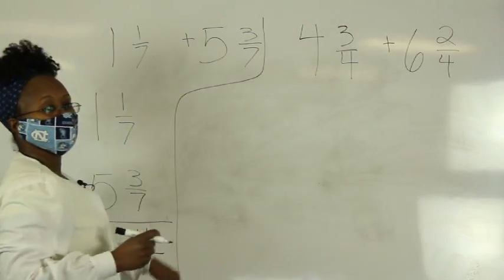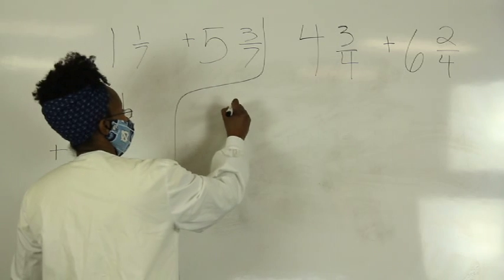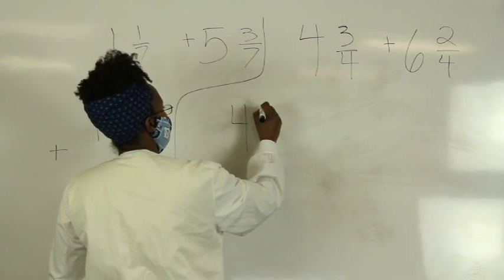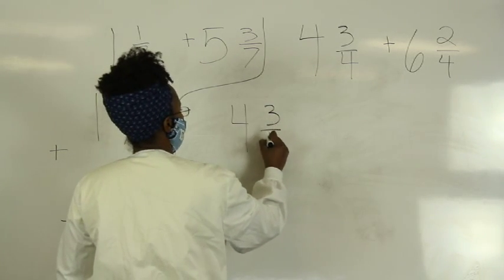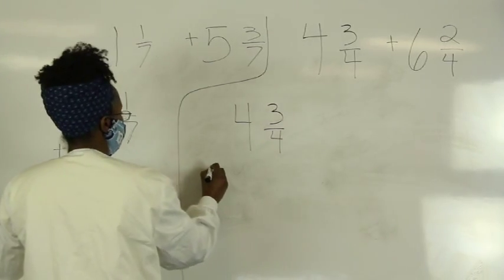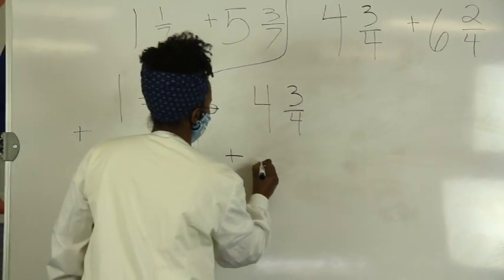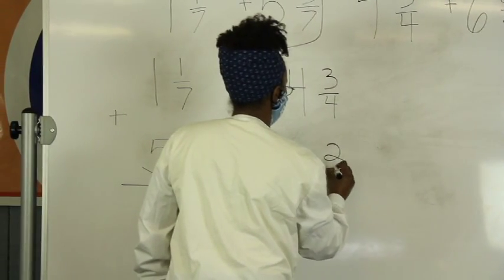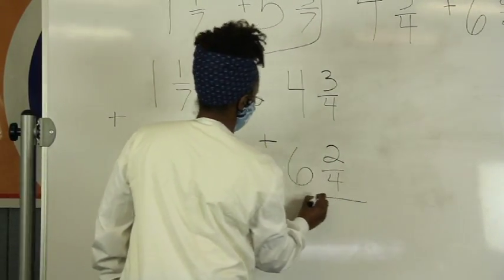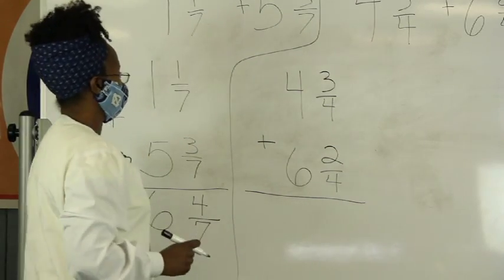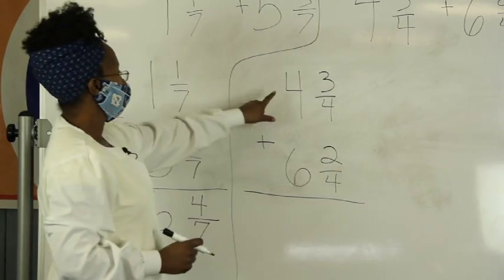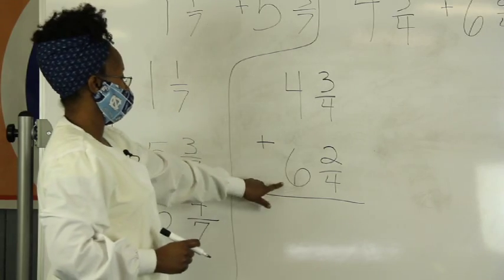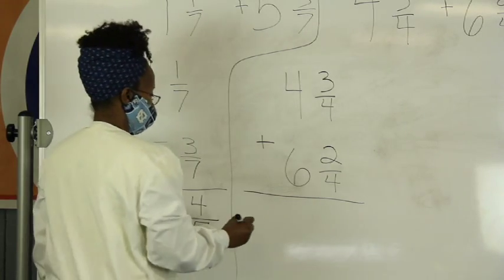So I'm going to do this the way that I really like to do it. Just makes it easier for me to add them together. Okay, so let's get started. Whole numbers first. 4 plus 6. That's 10.